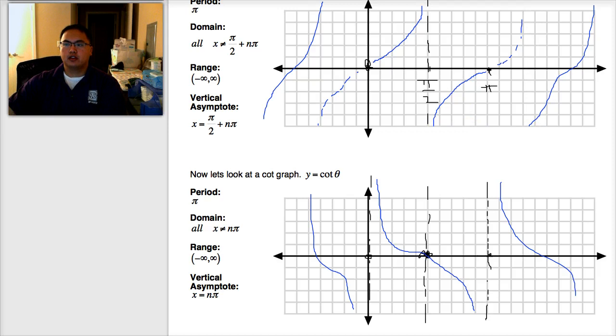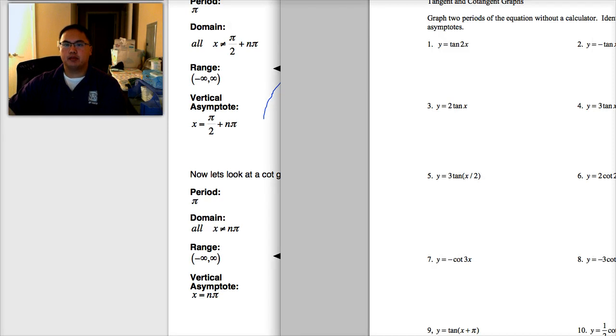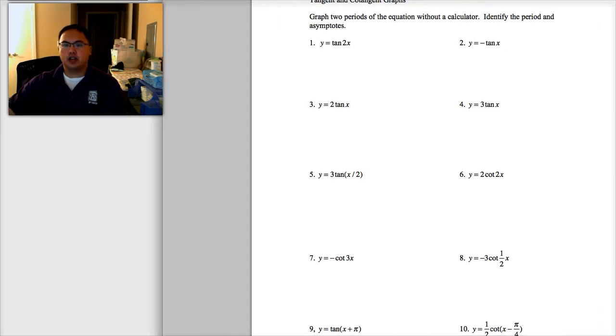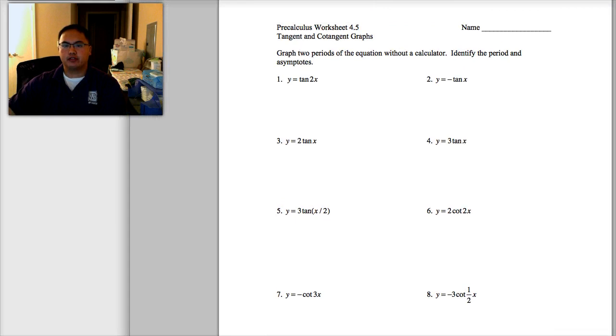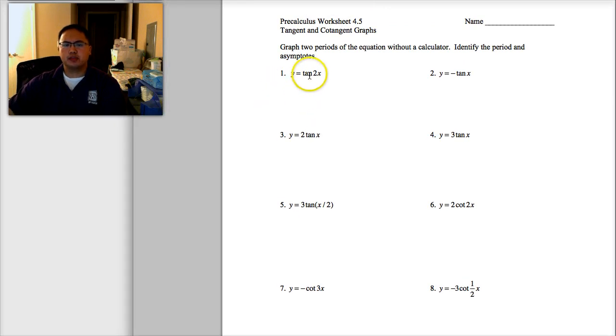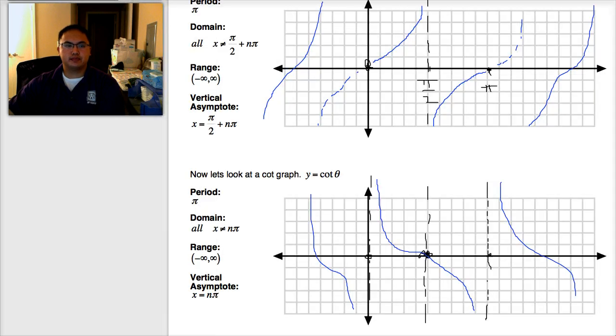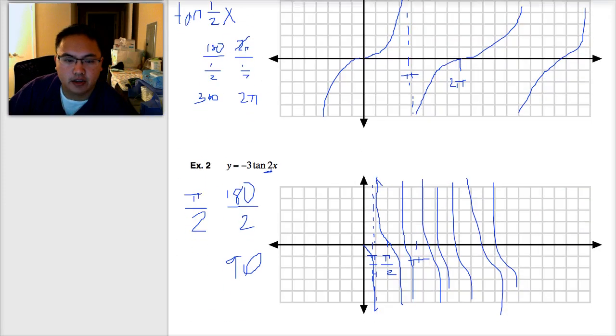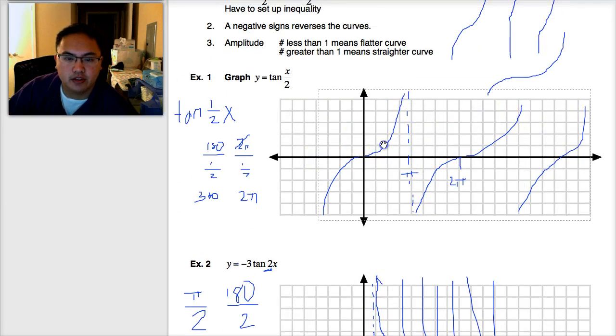So yesterday on your assignments, if I could just pull this up real quick, I can give you a couple of examples if you're confused. For example, this tan 2x, maybe I'll just write it over here. Here, let me just erase this real quick.